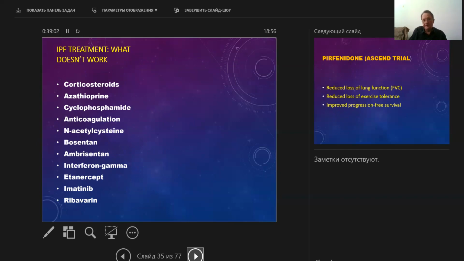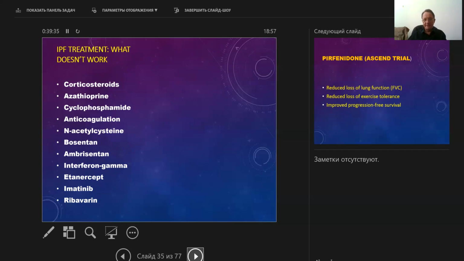The other group received placebo. As a result, patients who received triple therapy had the highest level of mortality, the highest respiratory mortality, and the highest level of exacerbation compared with patients who received placebo.